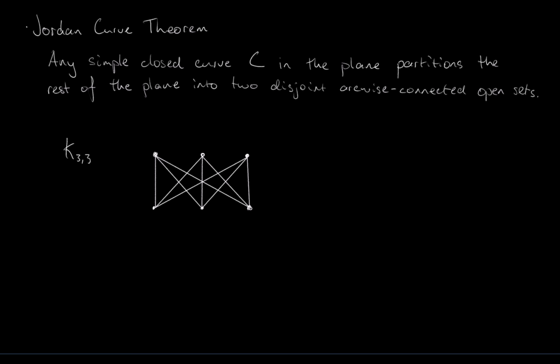And there's actually a very interesting theorem presented by a Polish mathematician, Kuratowski's theorem. It basically says that a graph is planar if and only if it contains no subdivision of K5 or K3,3, the complete bipartite graph on three vertices.